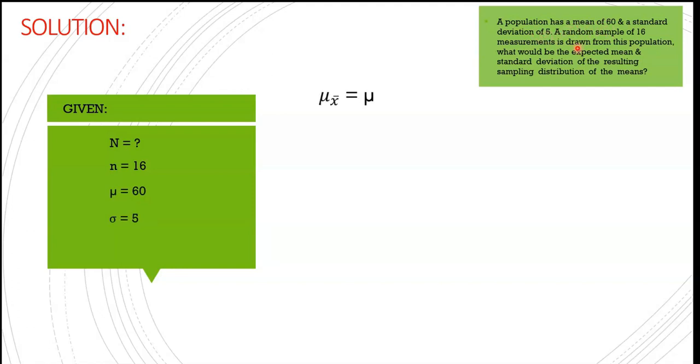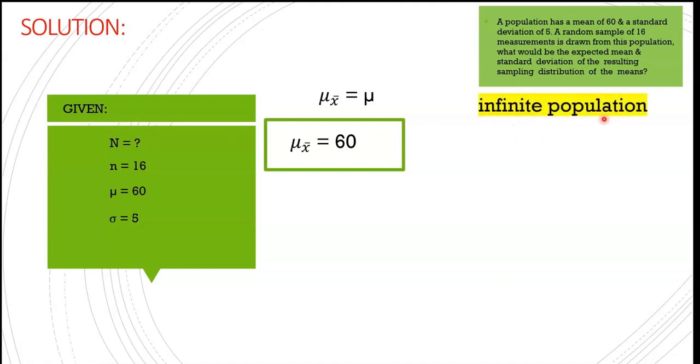Now we're going to find the mean of the sampling distribution of the sample means. Since the mean of the sample means is equal to the population mean, our mean is equal to 60. Now let's solve for the standard deviation. Since our population size is unknown, we are dealing with an infinite population.